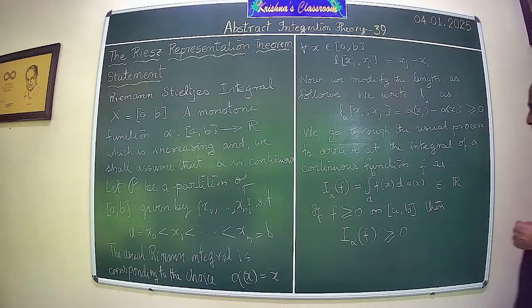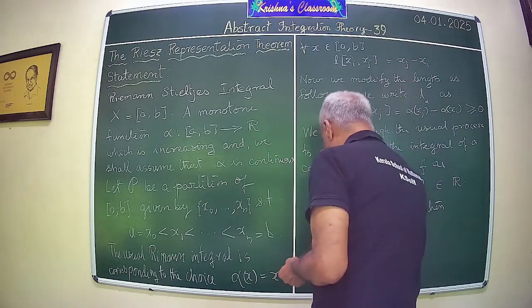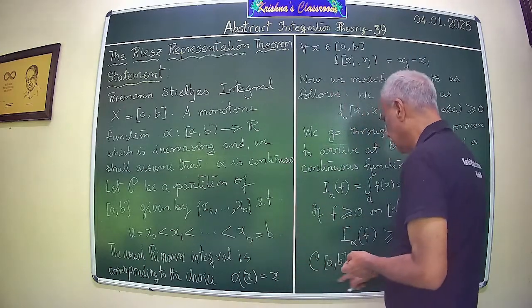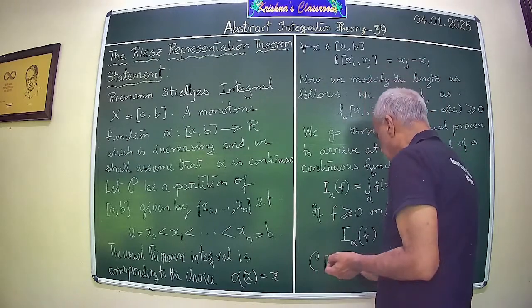Now you take all functions, so you take the space C[a, b]. You know that C[a, b] is the space of all continuous functions defined on the interval [a, b], and it is a linear space.